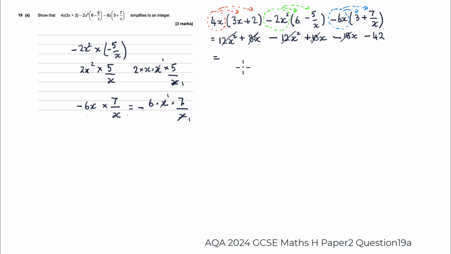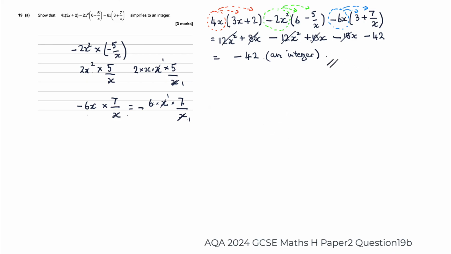We're just left with this negative 42. And that is an integer. And you remember, an integer is a positive or negative whole number, or 0. So there we go. We've shown that that expression, when it's simplified, is an integer.